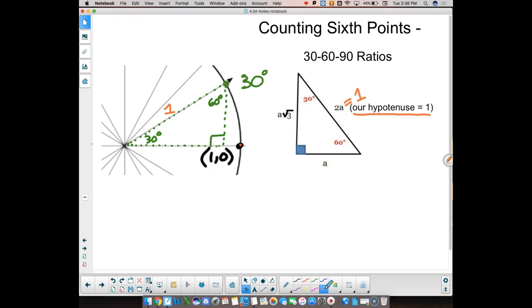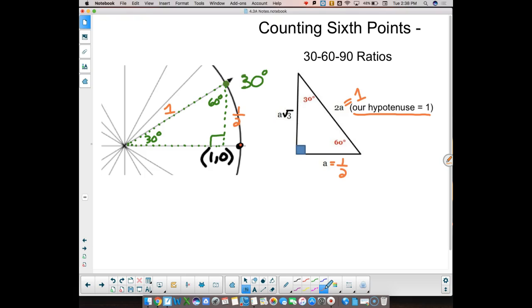If the hypotenuse is equal to 1, what's the length of the short leg? 1/2. We cut it in half, which means that this over here is going to be 1/2.